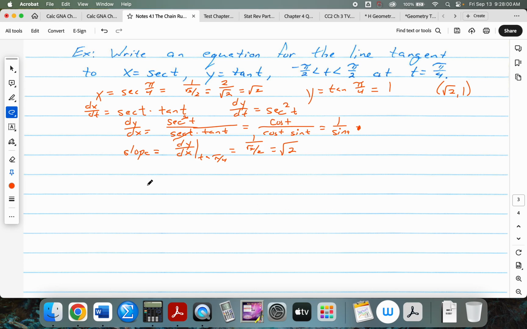So now we have a point and a slope. So it'll be y is equal to 1 plus the square root of 2 times x minus the square root of 2. So that's 1 plus the square root of 2x minus 2. This is square root of 2 times x minus 1.